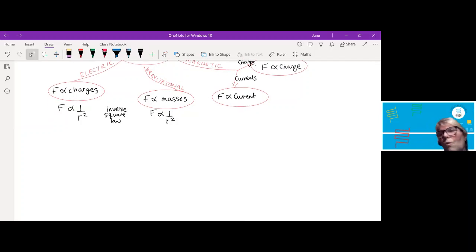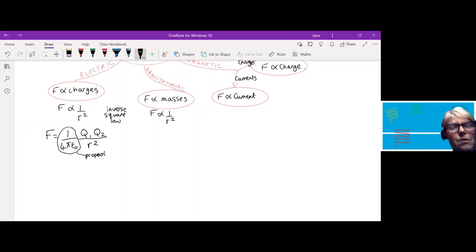In fact, we can put all of this together into an equation. So the force is equal to 1/4 pi epsilon naught, the charges Q1, Q2 over R squared, where 1/4 pi epsilon naught is called the proportionality constant.